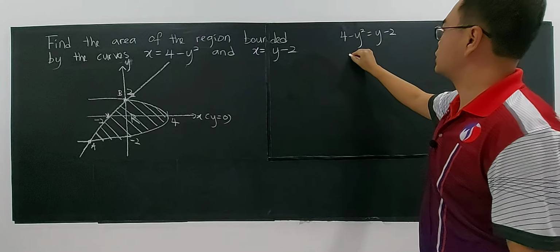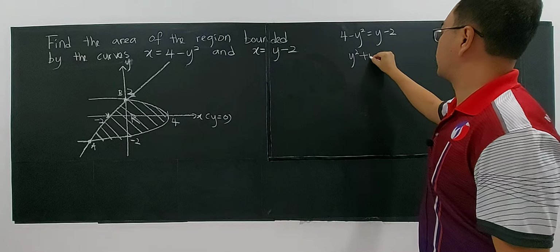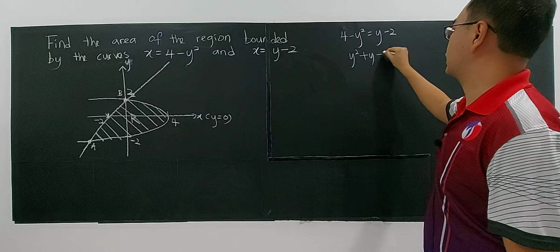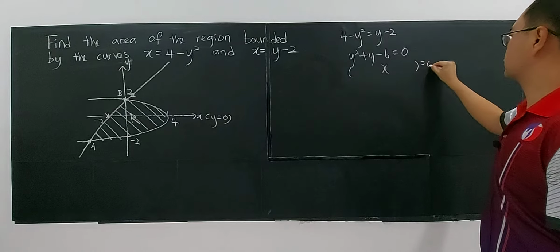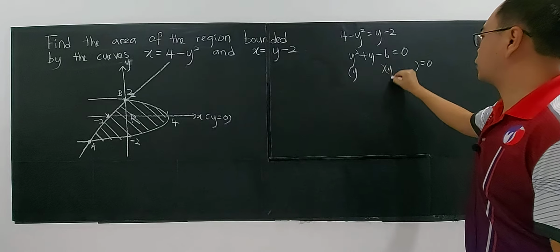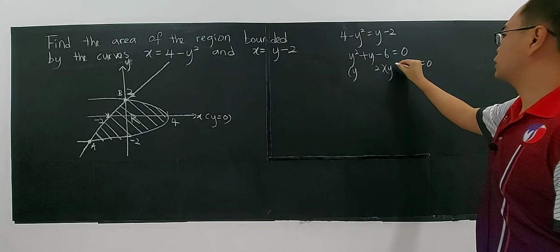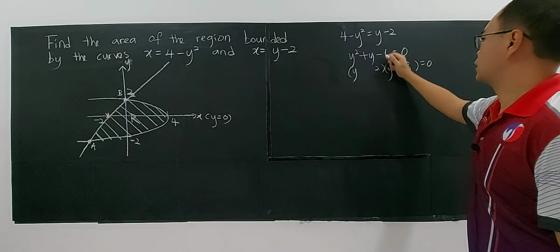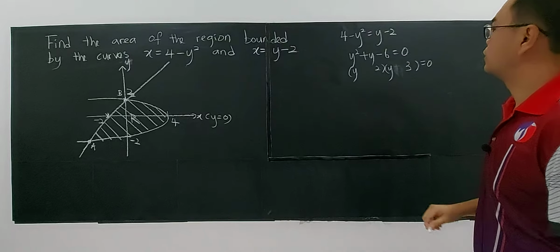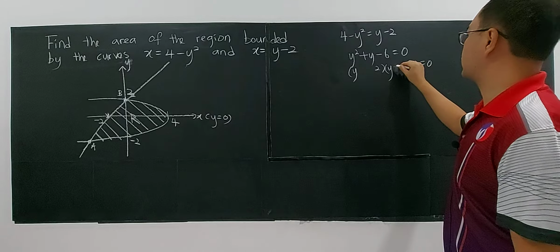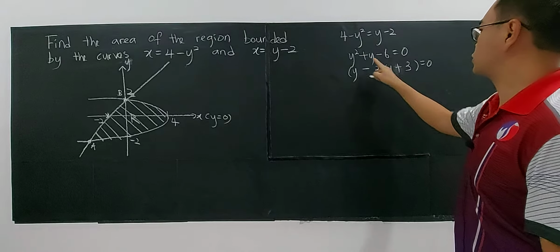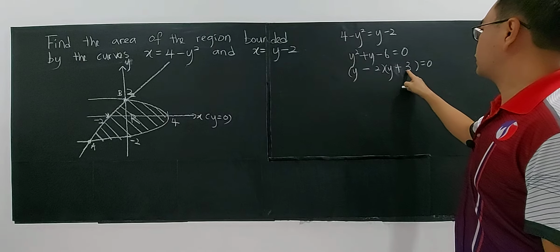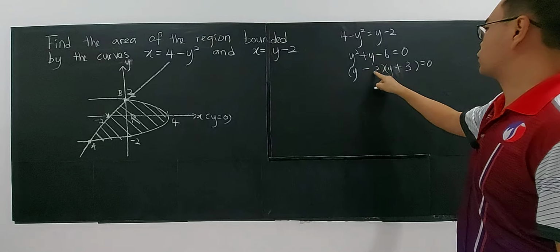As I'm solving this, I will get y squared plus y, negative 6. Factorizing, we're getting y, 2, 3, 6, 2, 3. So this will be positive and this will be negative, because y squared, 3y, negative 2y, gives positive y.